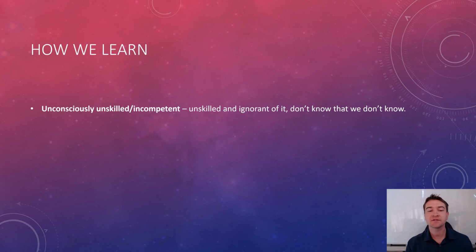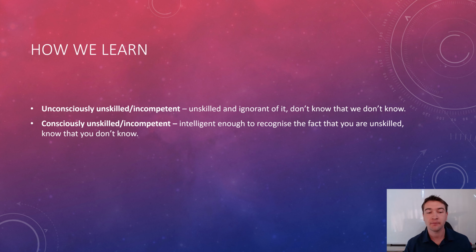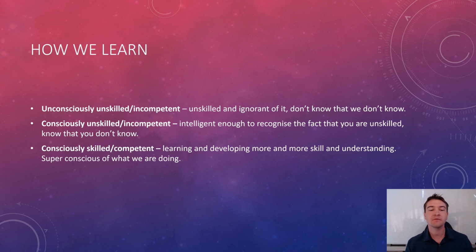So the unconsciously unskilled, incompetent, unskilled and ignorant of it. Once again, don't know that we don't know. Consciously unskilled, incompetent, intelligent enough to recognize the fact that we're unskilled and know that we don't know. Then we move into consciously skilled and competent, learning and developing more and more skill and understanding.